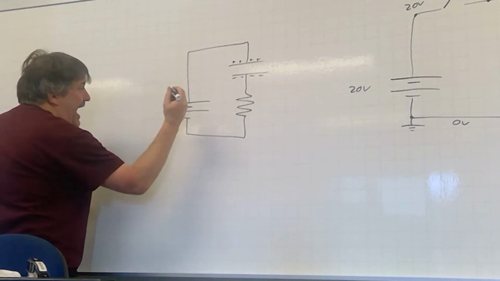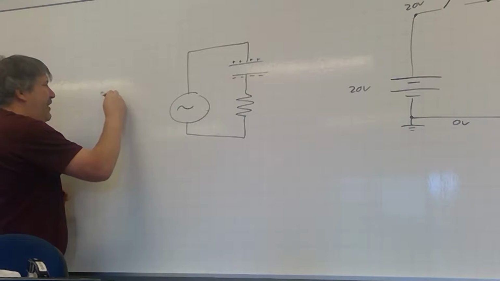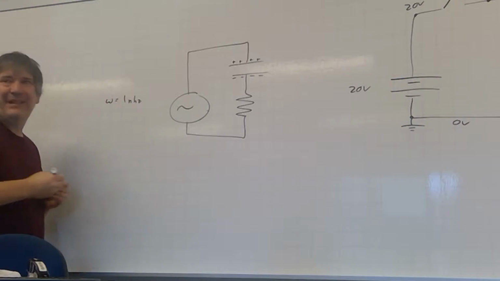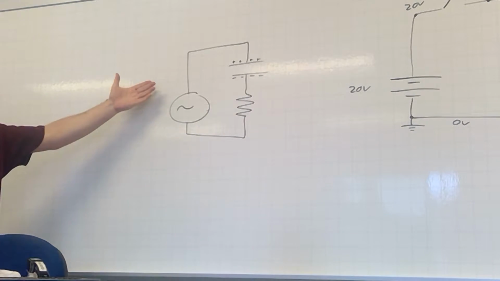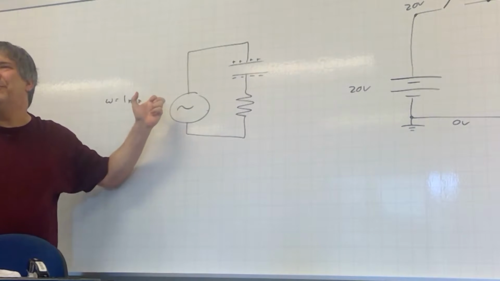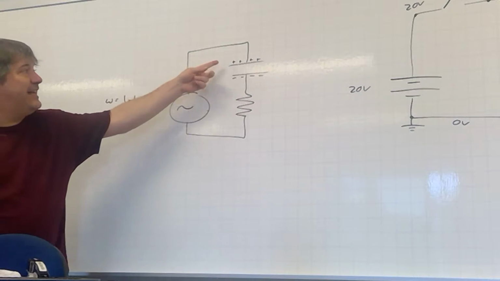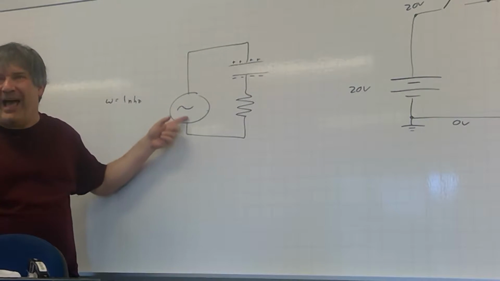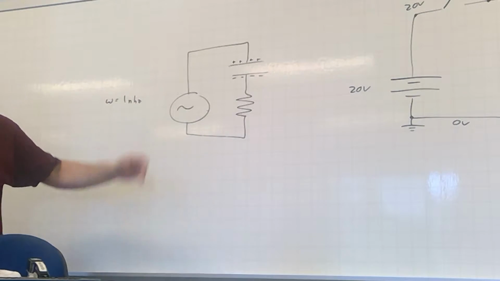If instead of this battery, I replace this with an omega equals 1 nanohertz power supply, so 1 cycle per billion seconds, then I could still say at any given moment, this capacitor is probably at equilibrium with whatever the voltage level happens to be right now. And yes, over the course of a billion seconds, I will see that charge gradually move its way back to the other capacitor plate, but because it's moving so slowly, that's a tiny amount of current that'll be flowing.